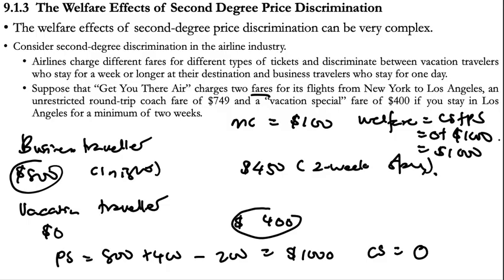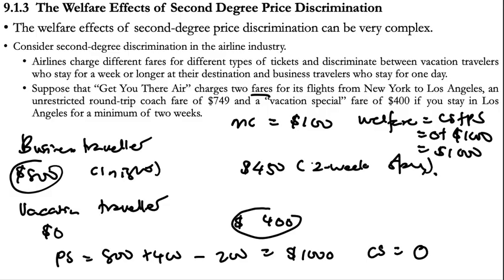Okay, so this is the case of second degree price discrimination in the airline industry. However, what happens if this airline cannot do the price discrimination? You recall back the story here.